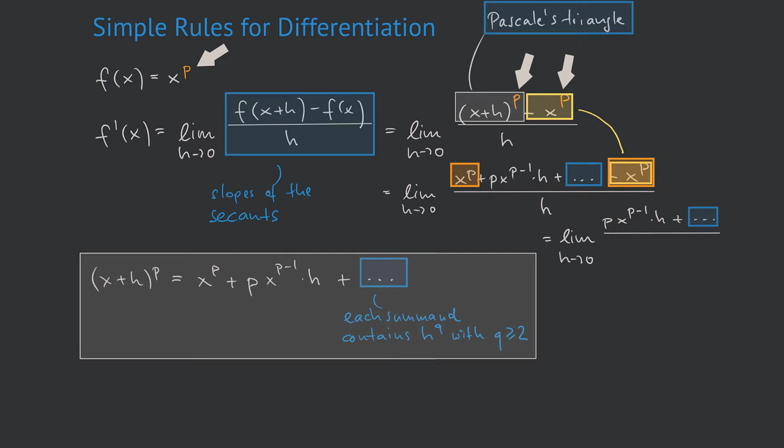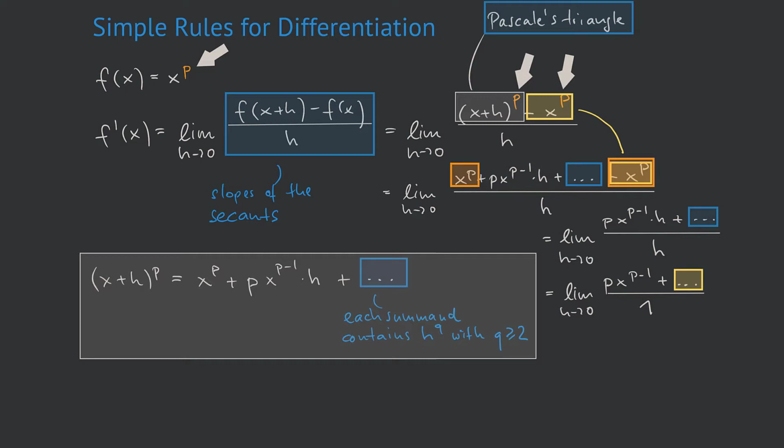divided by h. Now again, similarly to what we did with the power of 2 or 3, we reduce the fraction by h, such that we have lim h to 0, and now we have p x to the power of p minus 1 without any h plus dots divided by 1. But now it's important to observe that something changed regarding the dots.